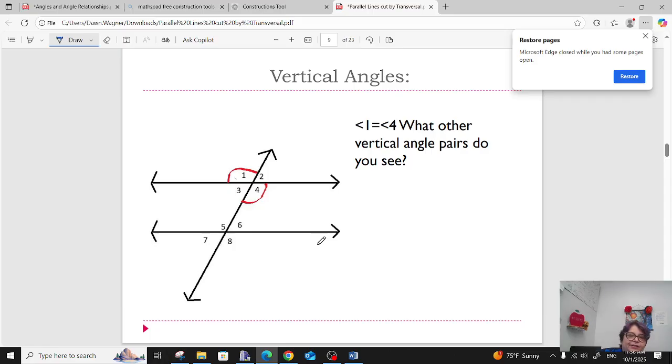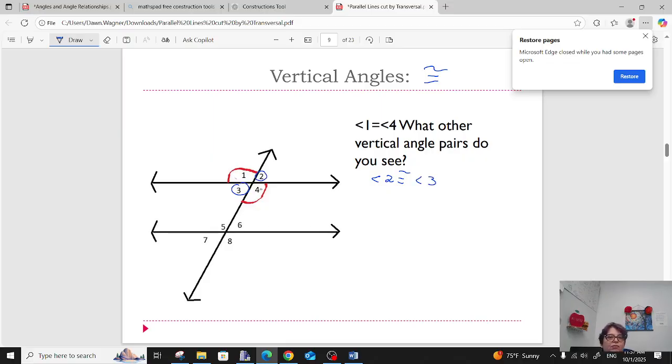Vertical angles. Did we talk about vertical angles today? Yes, and there are 4 pairs of vertical angles. And vertical angles are always what? Congruent. So angle 1 is congruent to angle 4. What about angle 2? What is it vertical to? Angle 2 is vertical to angle 3. I'm talking about vertical.